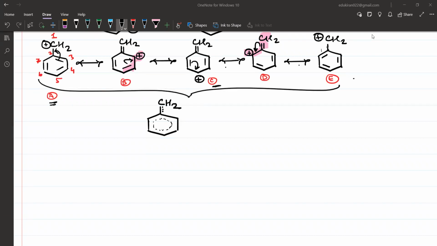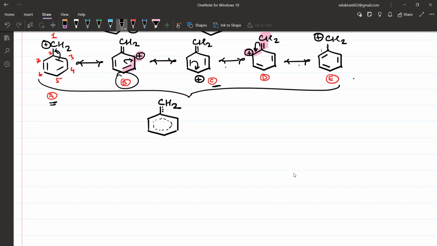Please tell me for the first carbon atom in the A structure, is it positively charged or neutral? Positively charged. In the second, it is? Neutral. In the second, neutral or positive? Positively charged. In B structure, is it positive or neutral?